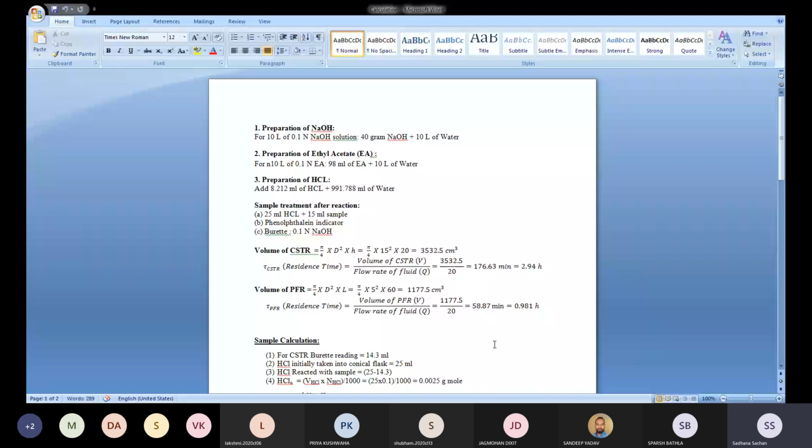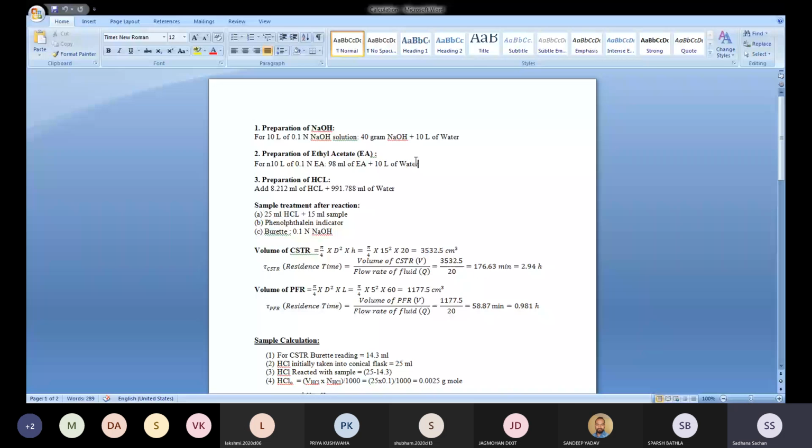The density of the ethyl acetate is 902 kilogram per meter cube. Then we will calculate the volume required. Volume V is equal to mass divided by density. If we consider 88 gram, the molecular weight is 88, and we have to make it in 10 liters, because the volume of ethyl acetate which we are mixing here is 98 ml.